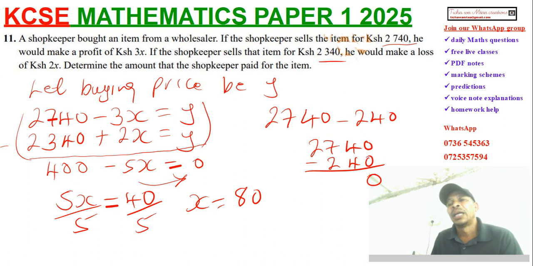So this is 0, 7 minus 2 will give you 5, and that will give you 2, so that is 2,500 shillings. That is the amount that the shopkeeper paid to the wholesaler. So that is how you work out that, and you'll be able to get 3 marks.